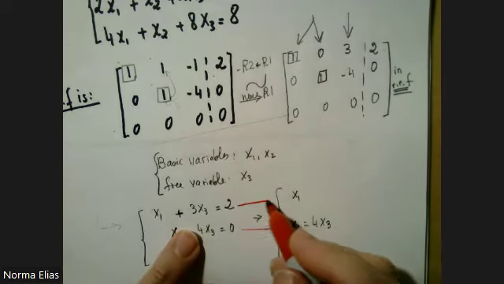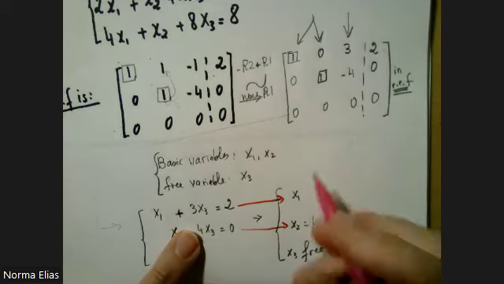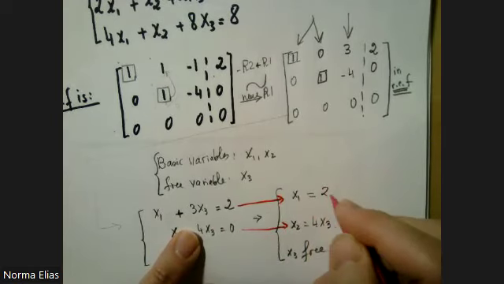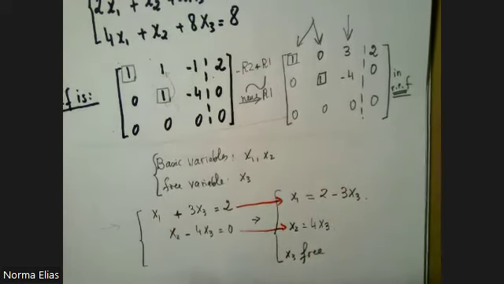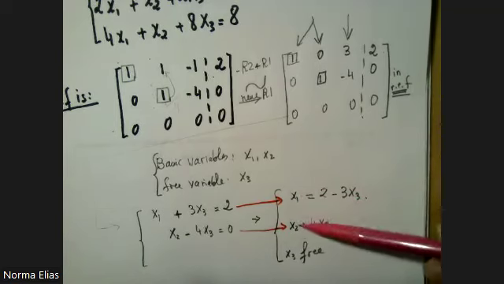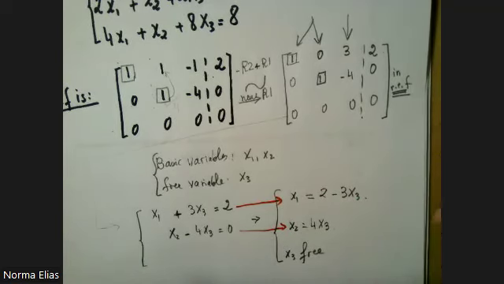Now x1, I will pick it up from the first equation. This will give me x1 equal 2 minus 3x3. Okay, do I need to do any more work or I am done? What do you think? I'm done because I expressed all my variables in terms of the free variable.